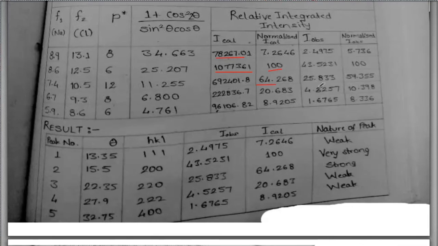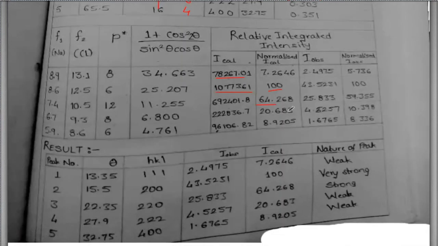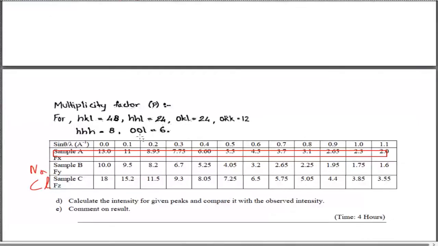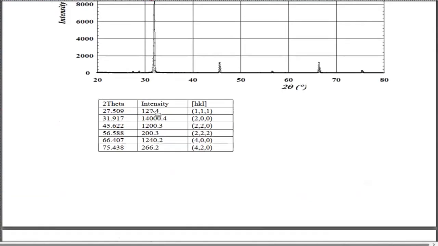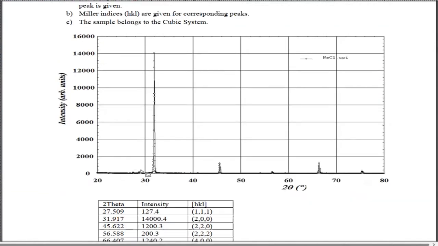Repeat the procedure for the observed one. So observed intensities are given, so these intensities are already given. If these are not given, you can take a scale, measure the height, okay, and see the scale.